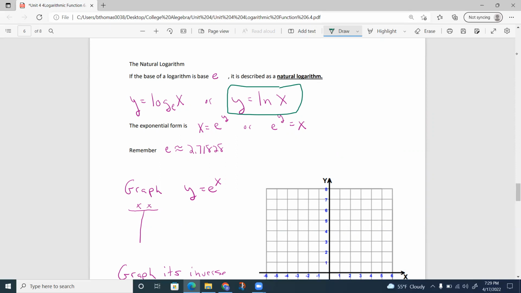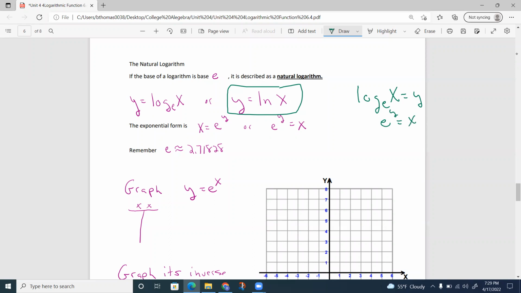So keep in mind, the exponential form is going to be e to the x equals y, or we can also flip it around where e to the y equals x. So that's going to be the exponential form. So again, if I have the log of x base e equals y, the exponential form is going to be e to the y equals x.